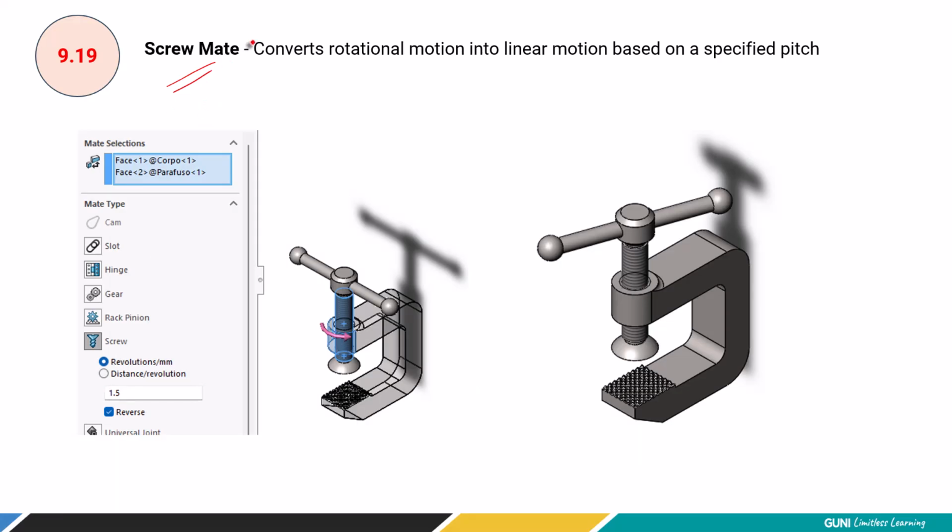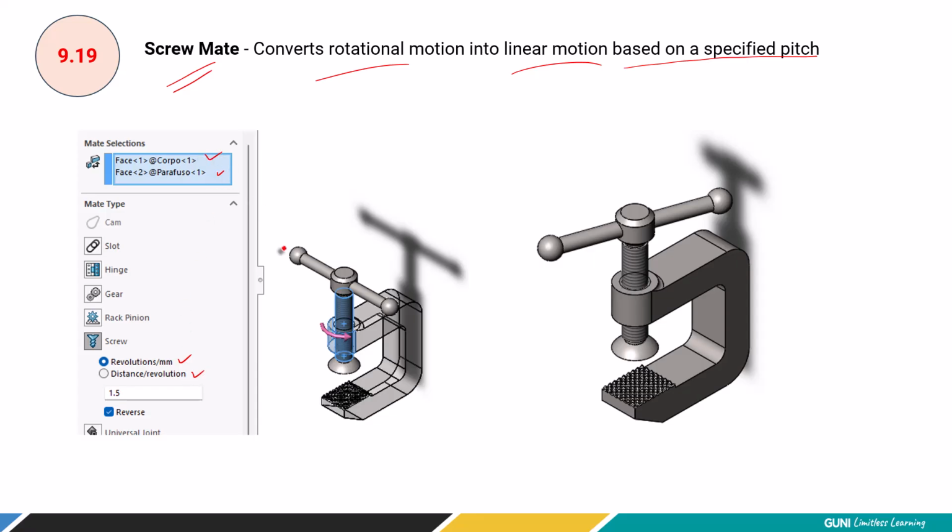In screw mate, as the name suggests, it converts rotational motion into linear motion based on a specific pitch. Here we can either give revolution per mm or the distance per revolution.